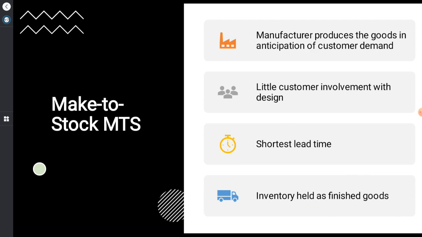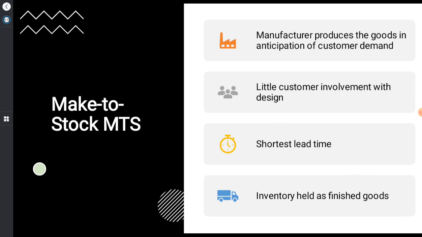So here there is little customer involvement with the design, and we didn't say there is no customer involvement at all, because companies do marketing research, and through marketing research they can figure out what is preferable to their customers, what the target market really needs and wants in the product and packaging they produce. So they already have an idea about that before they design their products.